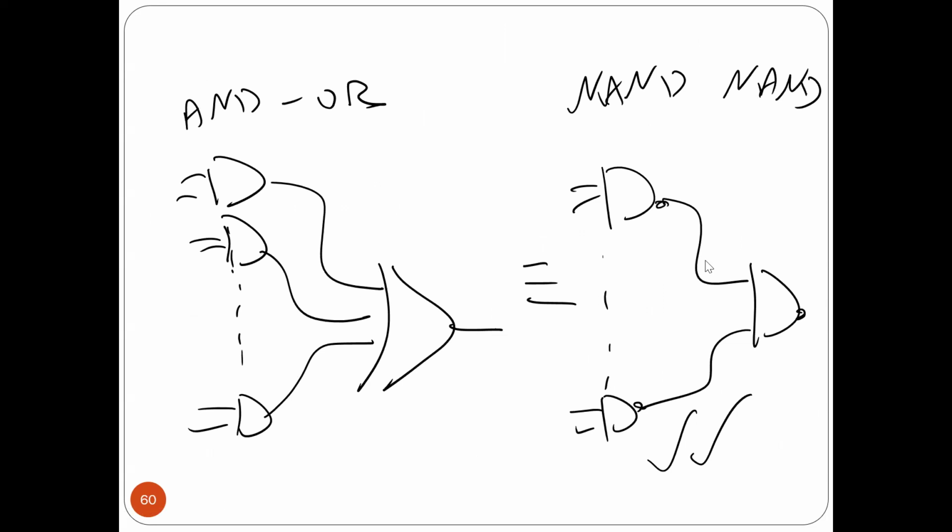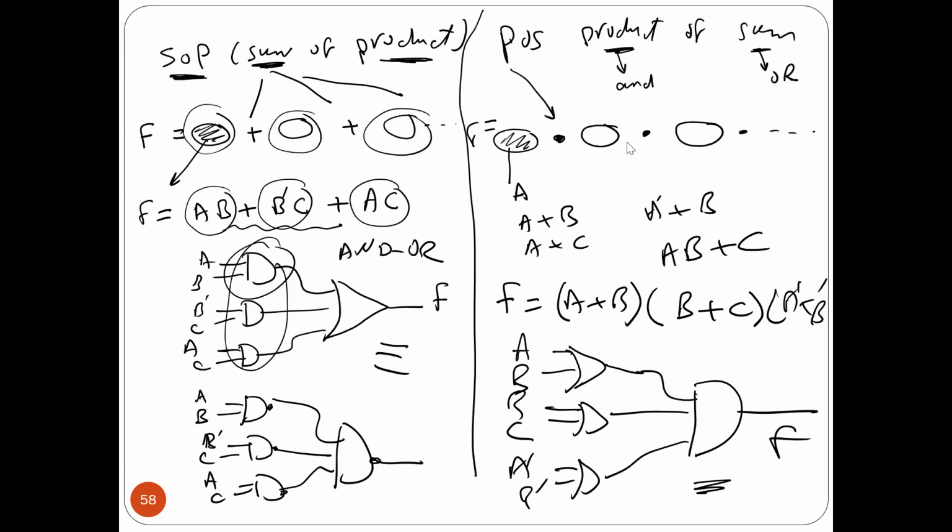Same thing I will do here. Any expression that is in product of sum can also be implemented using NOR. So this one is NAND, this one is NOR. You got what I'm saying?